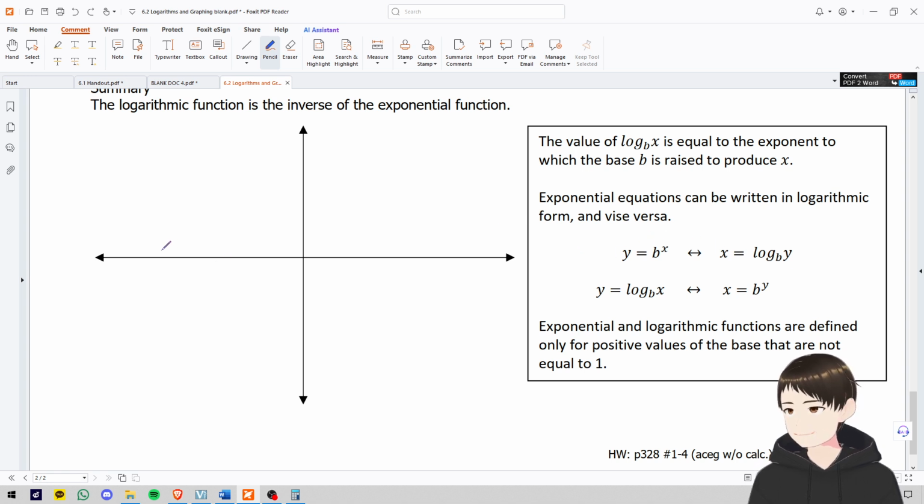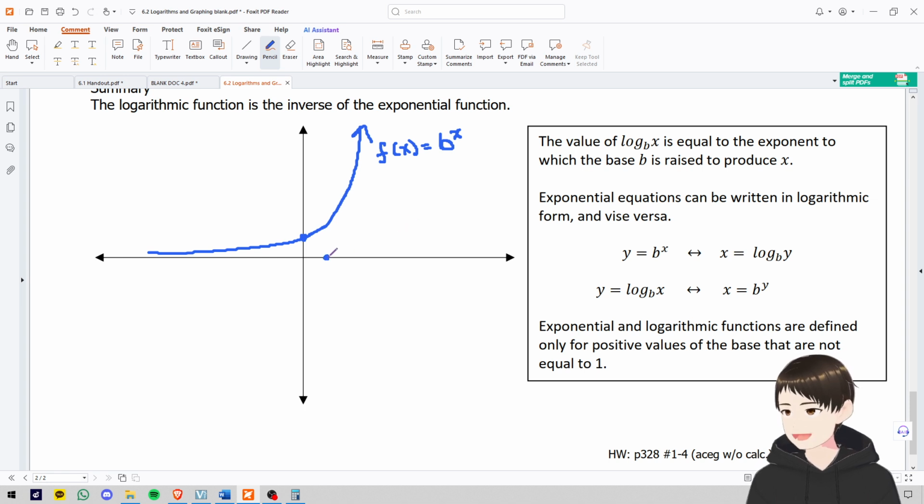The point of the lesson is this. If my exponent function is something like f of x is equal to b to the power of x, then it's not just a reciprocal function anymore. We can label it.